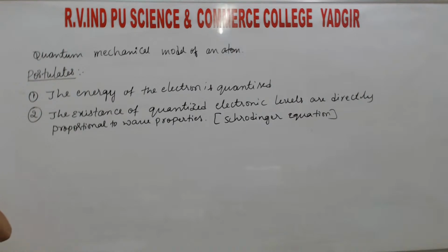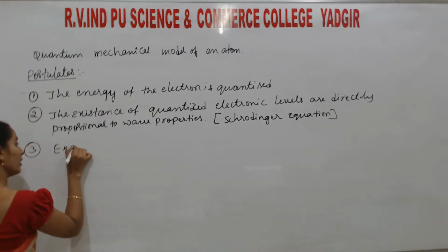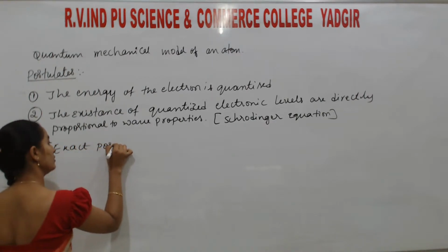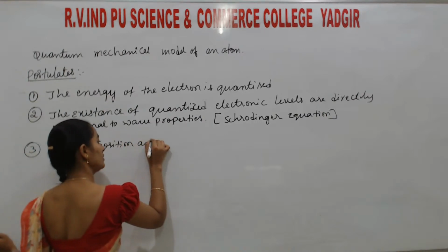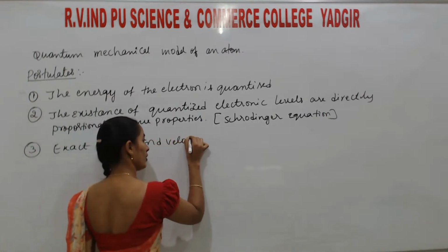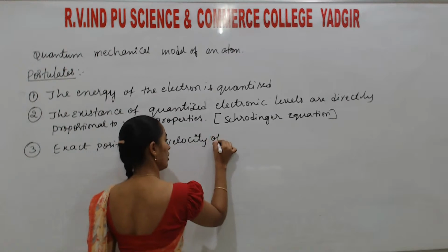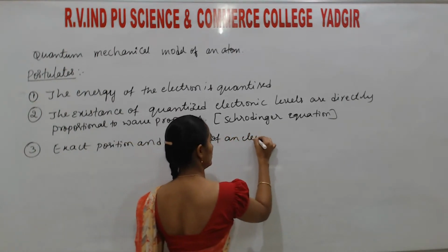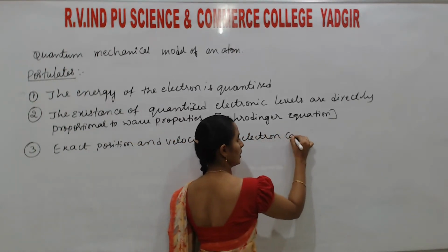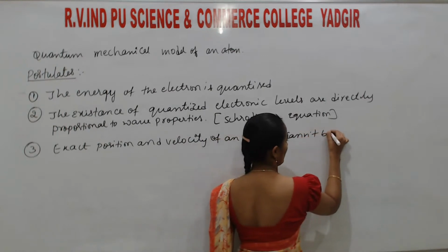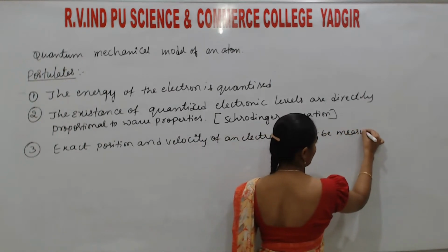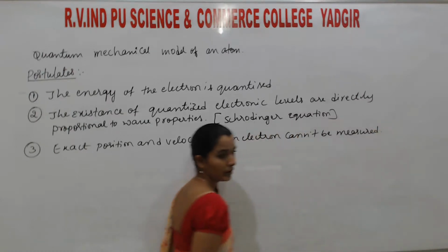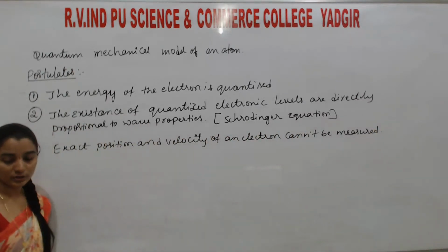Next, the exact position and velocity of an electron cannot be measured. Cannot be measured.